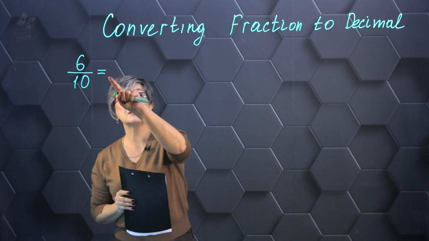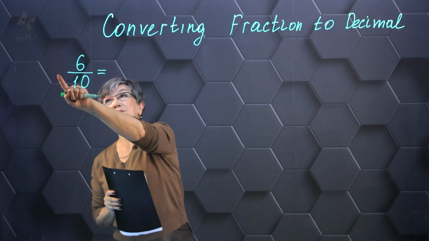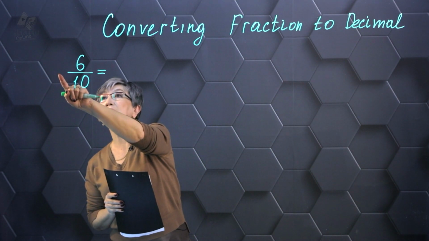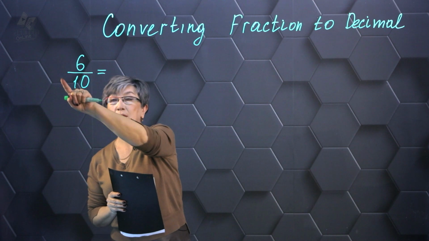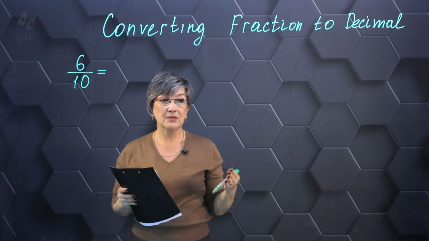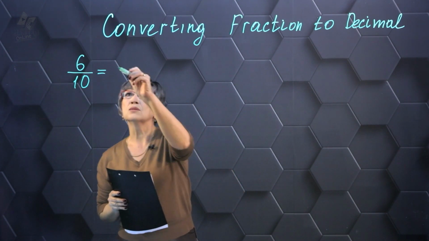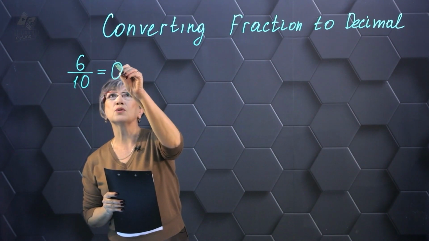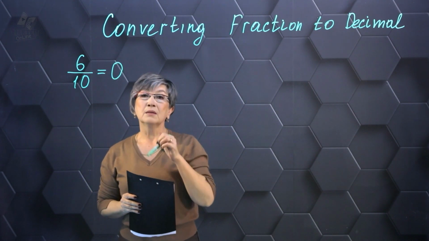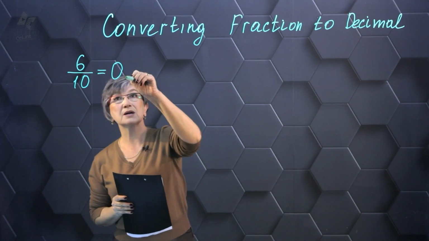Therefore, we must first write down the whole part. Notice, what is the whole part equal to in this record? There is no integer part here, so it's 0 wholes. And in decimal notation, you have to be sure to write 0 wholes. That's why I write 0 whole. We're separating the whole part from the fractional part, so I put our period.